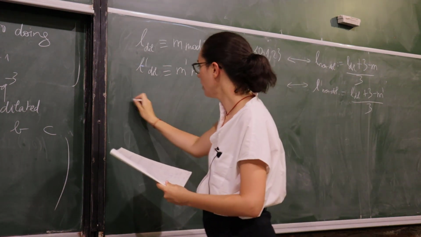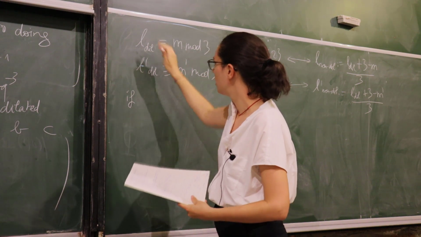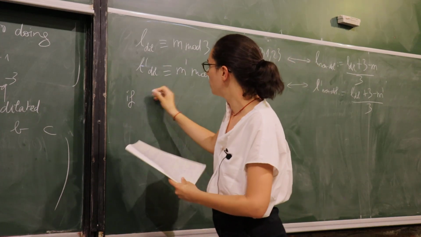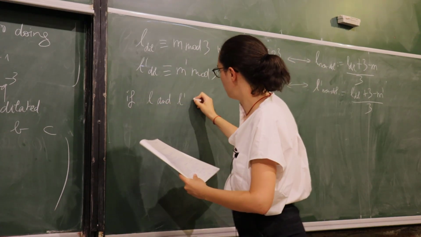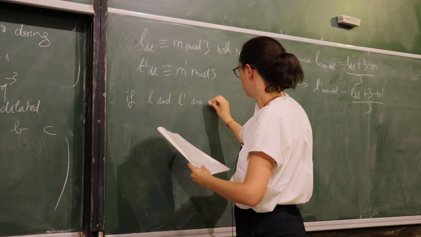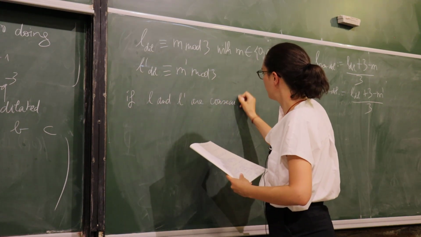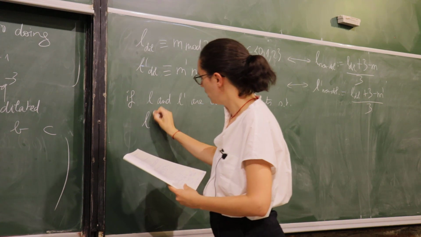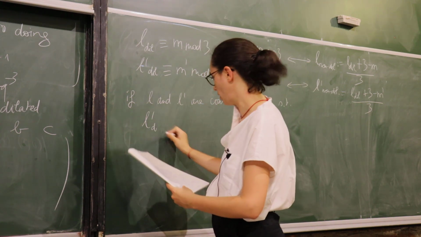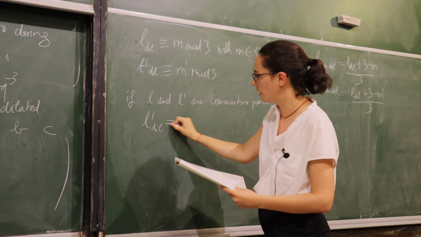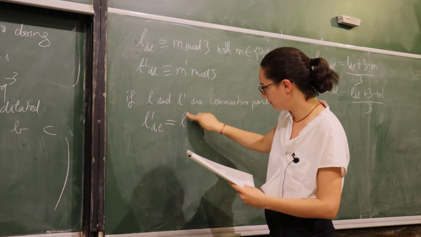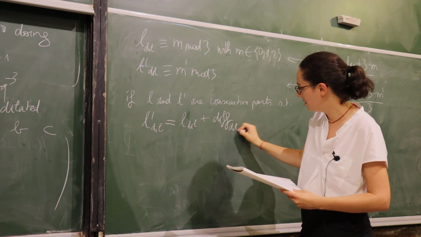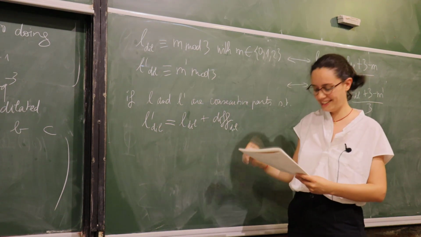So now let's assume that L and L prime are two consecutive parts of the partition, such that lambda prime is the biggest here. So that lambda prime is equal to lambda plus some difference condition, also dilated here.